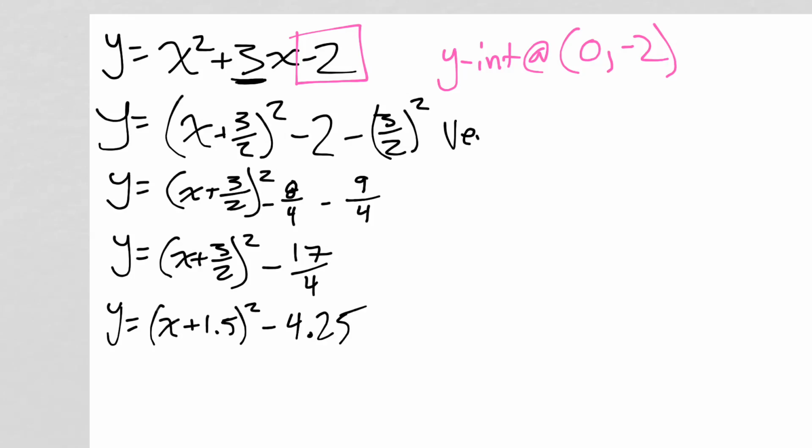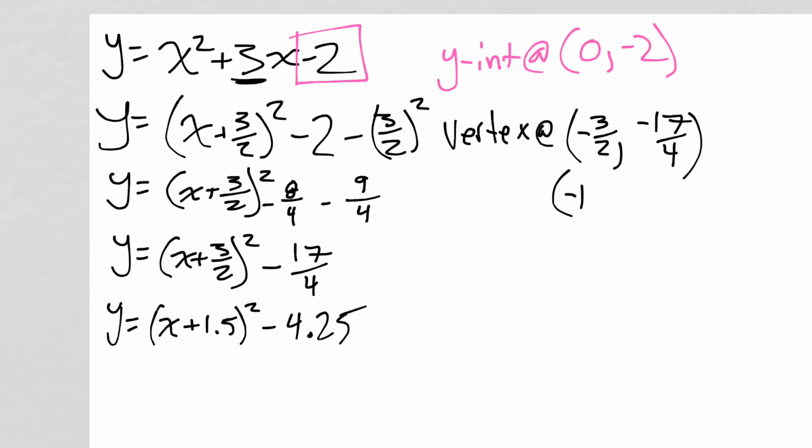So we have identified our vertex. Our vertex will be at the coordinates (-3 halves, -17/4). Or again, if you like decimals, (-1.5, -4.25). I think it's good to be comfortable with both.